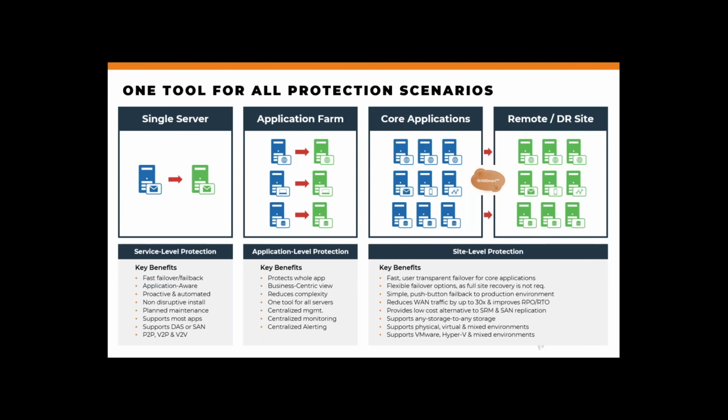We have application farm protection, which means we have multiple servers. We talked about the interdependencies of these application servers in our last presentation, and how that affects the delivery from a HA or DR perspective. So we do application farm protection, which is all the interdependent application servers.